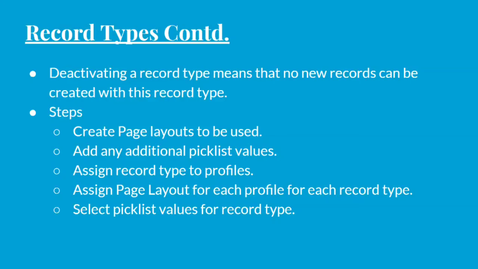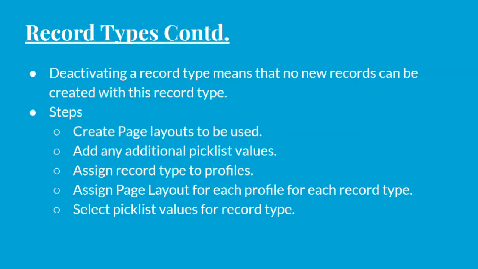So what are the different steps to create a record type? First, we'll create page layouts, like we have created the school page layout. Then add any additional picklist values, if you want to have any. Then you create record types and assign them to different profiles. Then you assign page layouts for each profile for each record type.